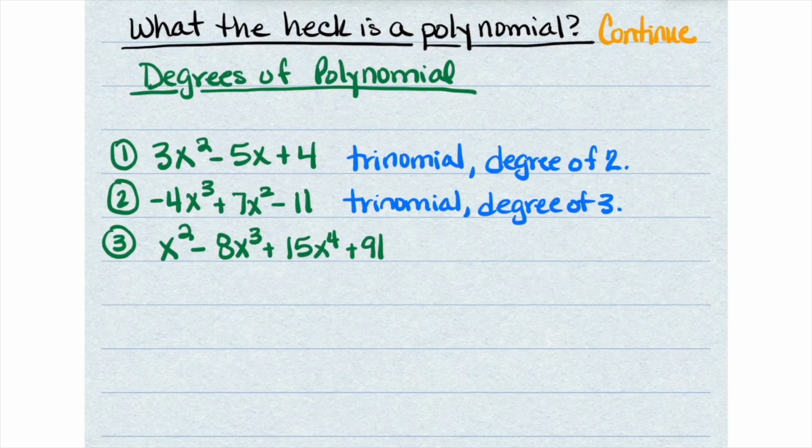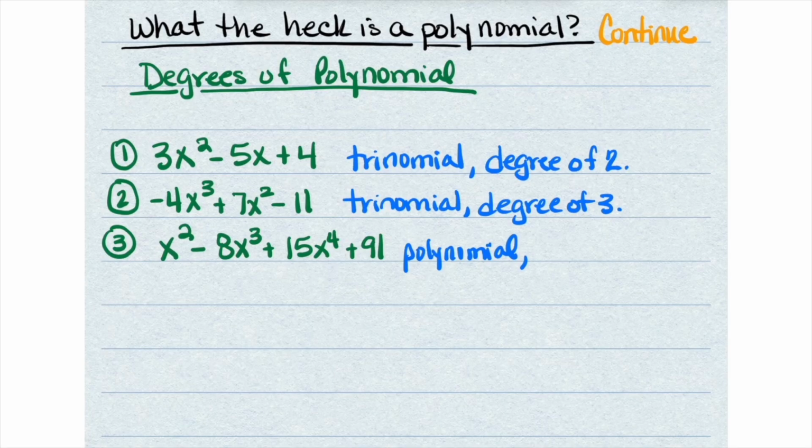Well, what do you call a polynomial when it has four terms? You call it a polynomial. Okay? A polynomial, that's just what you call it. Cool beans. Now, what's the degree? What's the degree of this polynomial? Remember, you have to find the largest term.